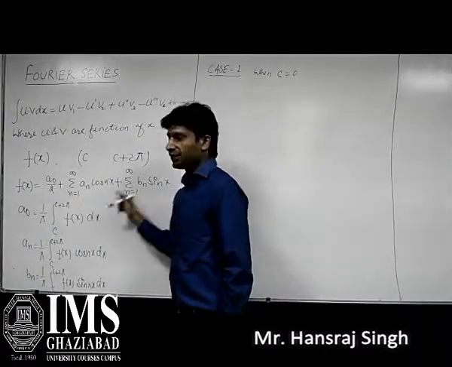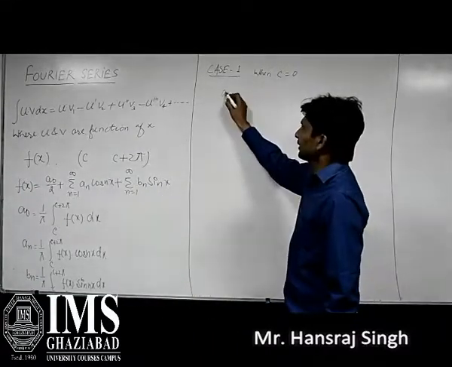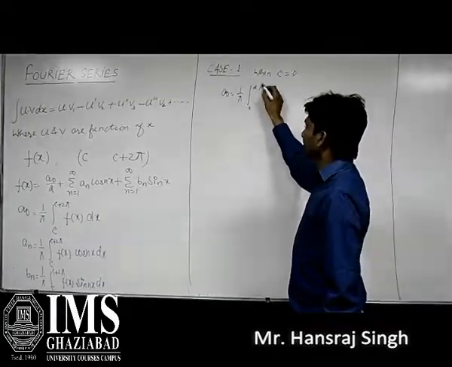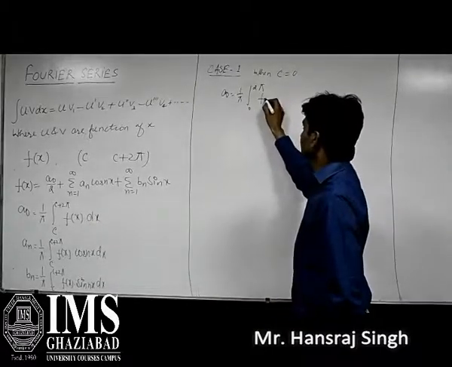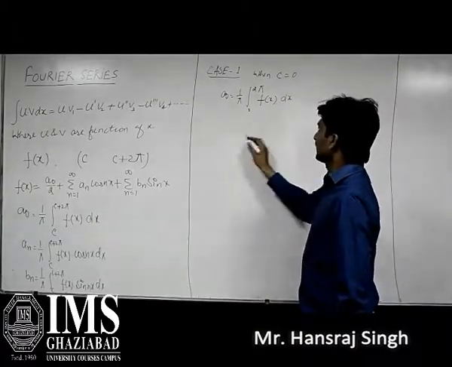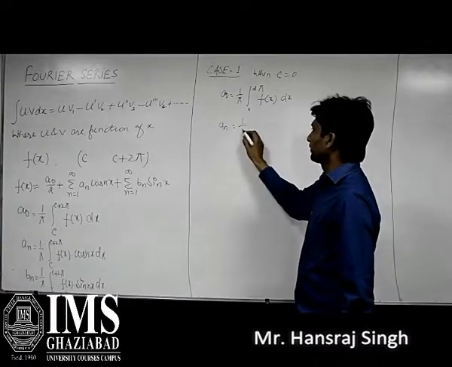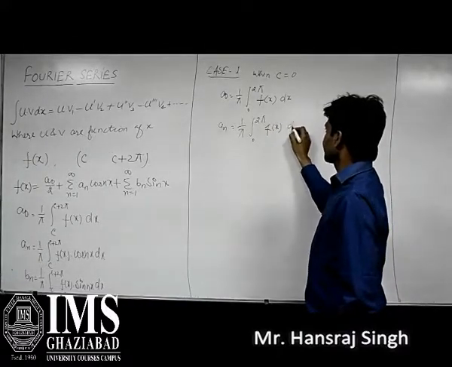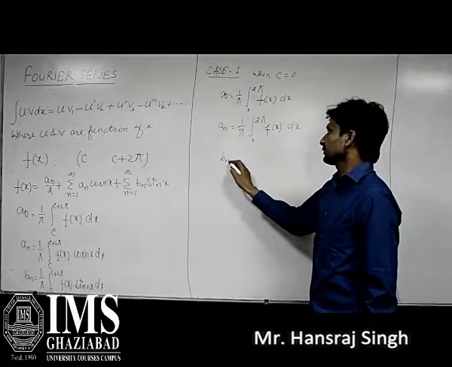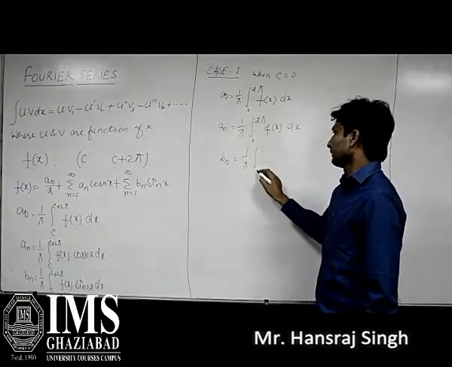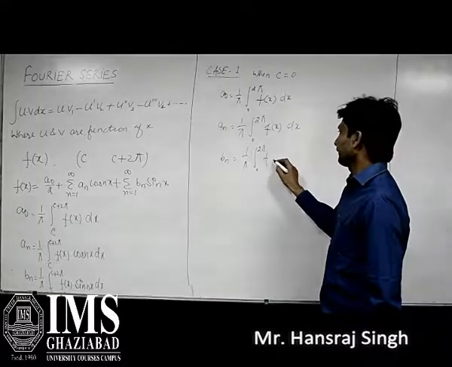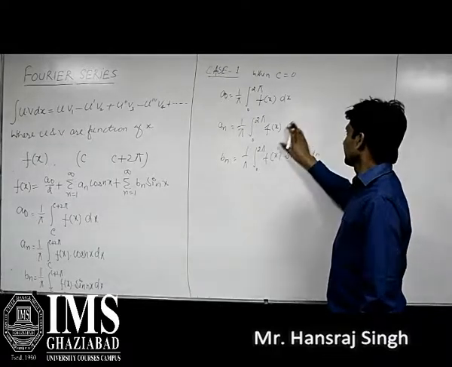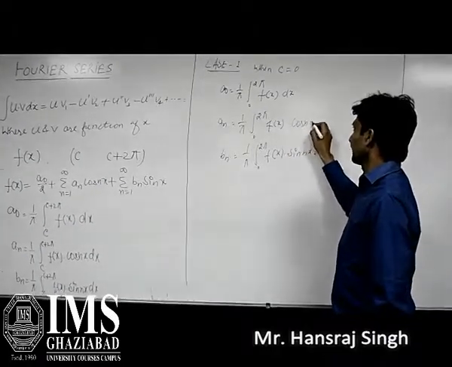So in this case, a naught is converted into simply 1 upon pi, limit 0 to 2 pi, f(x) dx, and second is a n, 1 upon pi, limit 0 to 2 pi, f(x) cos nx dx, and the last Euler constant, students, b n, 1 upon pi, limit 0 to 2 pi, f(x) into sin nx dx.